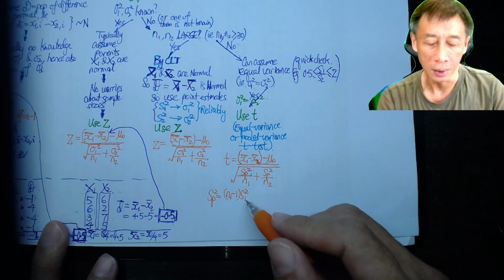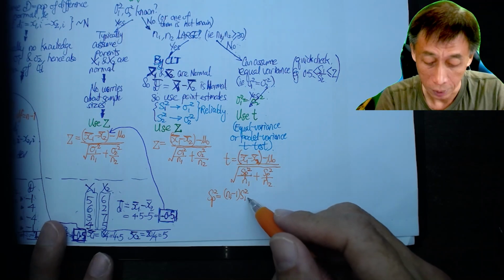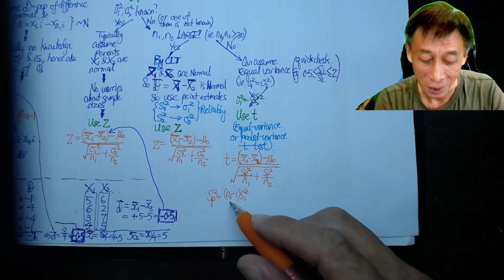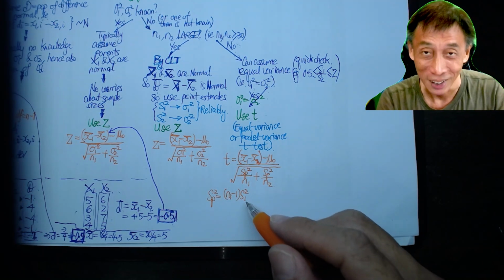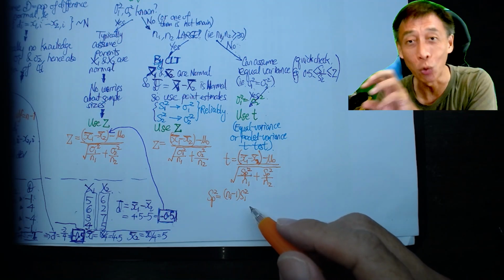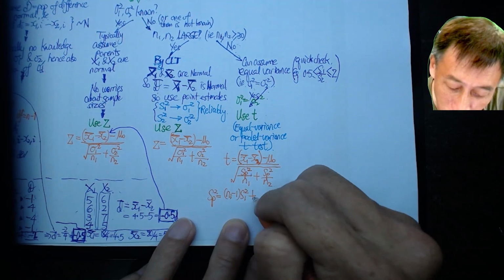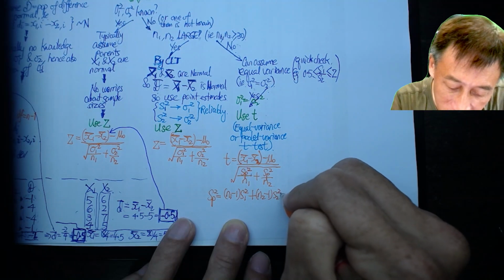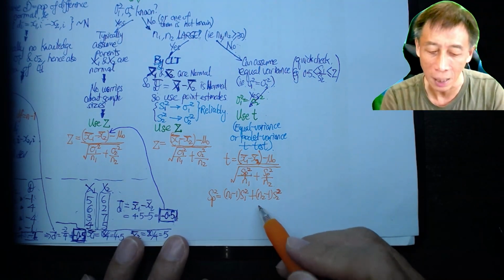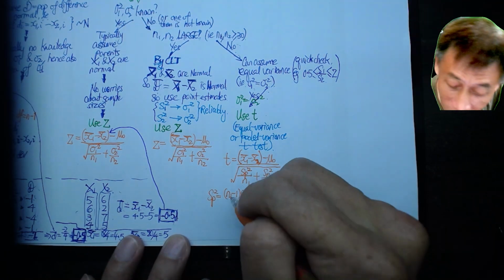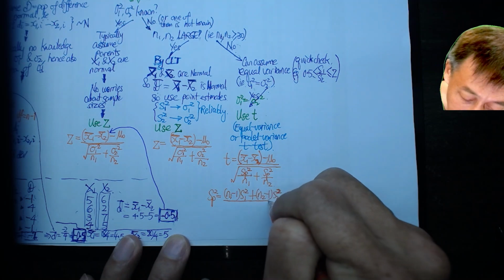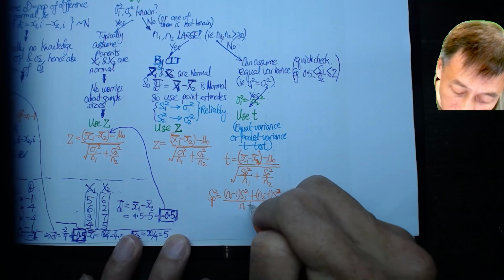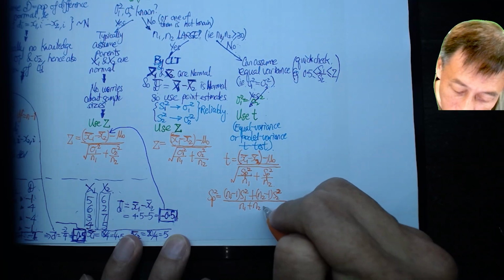For the sample variance from population 1, you add up all the squared differences, then divide by n1 minus 1, so now we multiply back. We get the sum of squared differences from S1, and then we do the same for S2. So the numerator is the sum of squared differences from all the sample entities, and then we divide by n1 minus 1 plus n2 minus 1, which is n1 plus n2 minus 2.